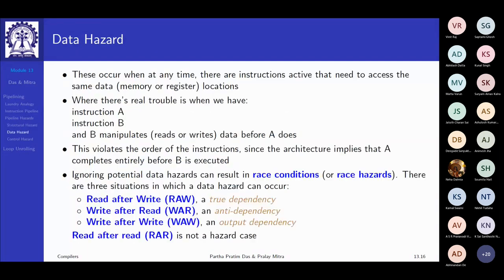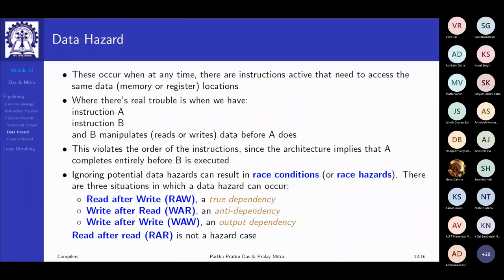Next, let us move on to where the compiler has a very significant role to play. That is data hazard. This will occur when there are active instructions which need to access the same data. It could be in terms of memory, it could be in terms of registers.